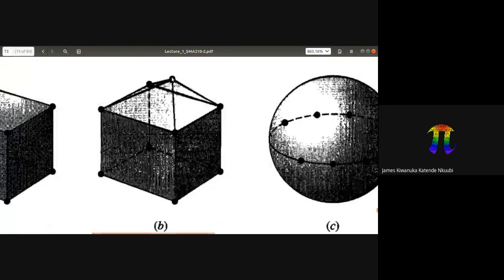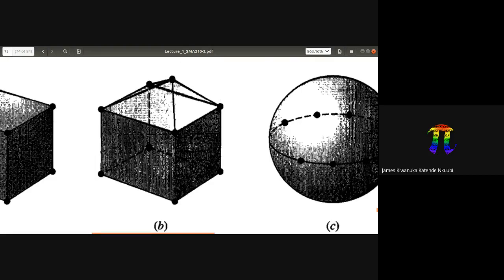So you can see there's one line going to this vertex, another line going to that vertex, another line going to the vertex at the back, and one more line here going to this vertex in front. So we have removed the top face and replaced it with 4 more by just adding another vertex here.